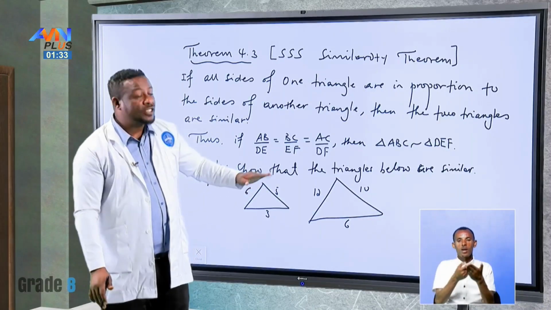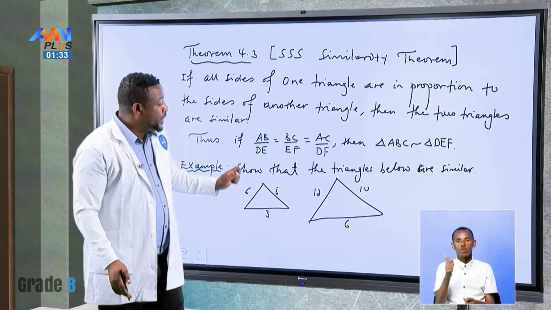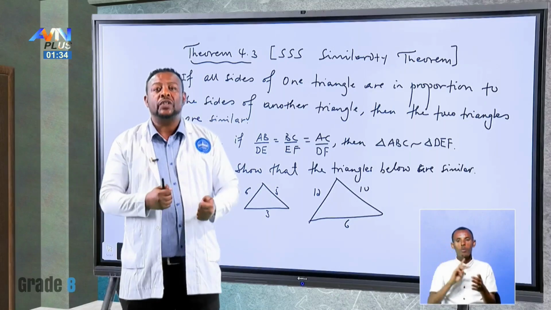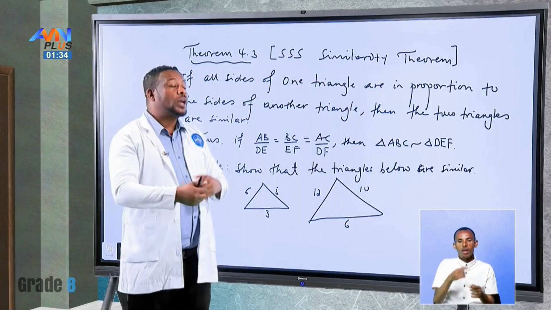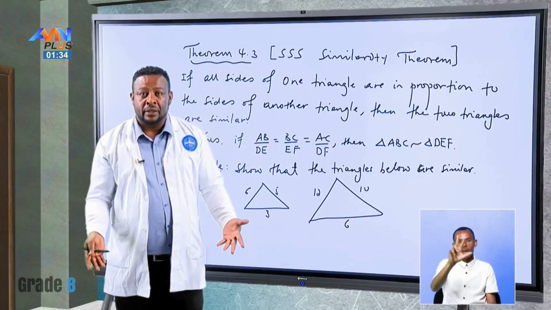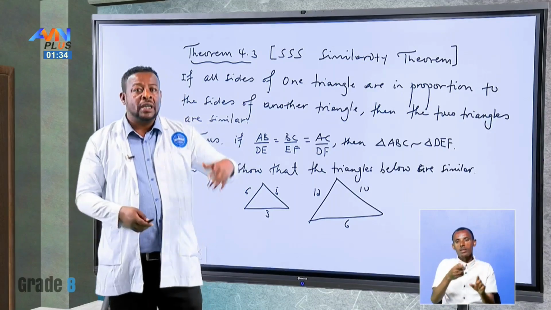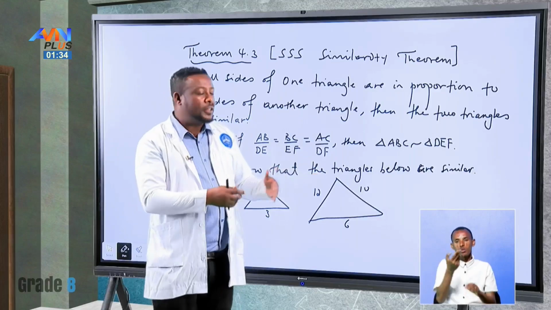Here we are asked to show that these two triangles are similar. To show the similarity of these two triangles, the theorem that we need to use is side similarity, right? Because we are going to compare the ratios of three sides, right? You cannot apply angle similarity or side angle side similarity that we used before, right?